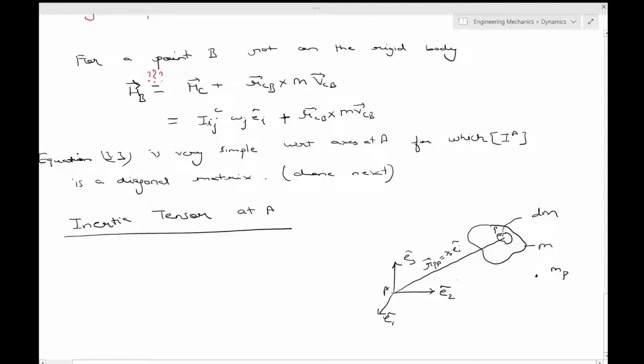Clearly we could have used a different symbol over here, but this is a capital P, and this is a small p, so this vector would be small pA.